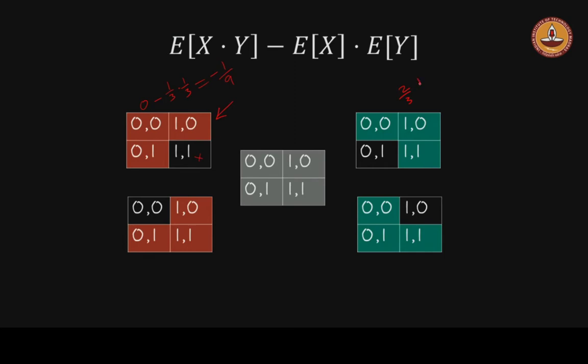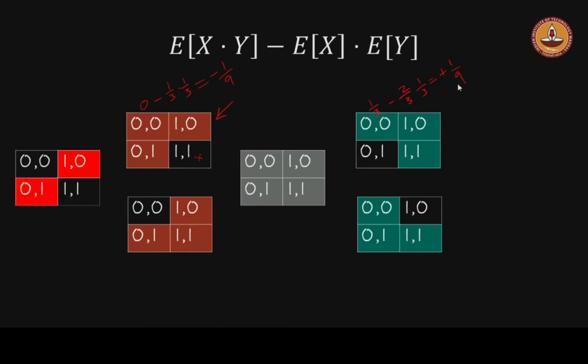It is going to be 1/3. What is the expectation of x times y? 1/3. And so, that will turn out to be 1/3 minus 2/9, right. So, it is going to be plus 1/9.